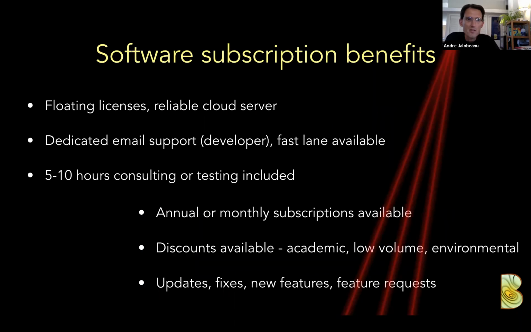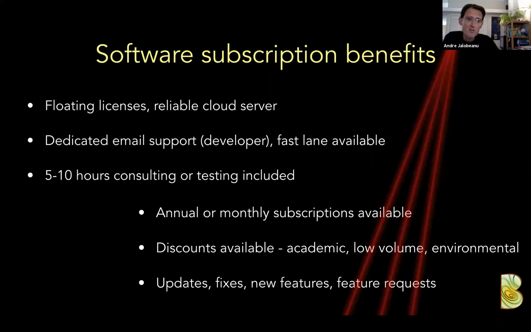The software is sold as a subscription, and there are quite a few advantages to that. The licenses are floating, so they're very easy to use and share between computers or users within the same group or company. There's dedicated email support from the developer, which is pretty rare in general. A fast lane is available for people who want an answer within a business day or so.